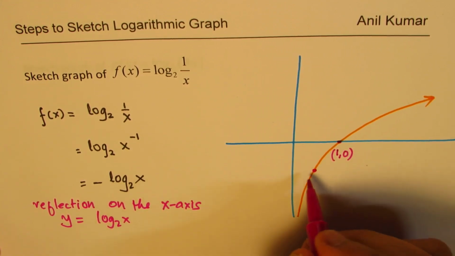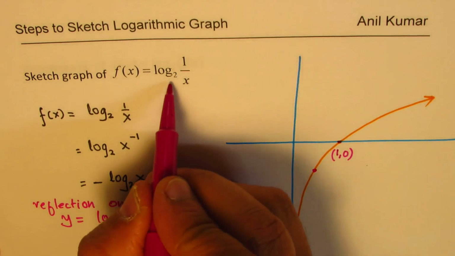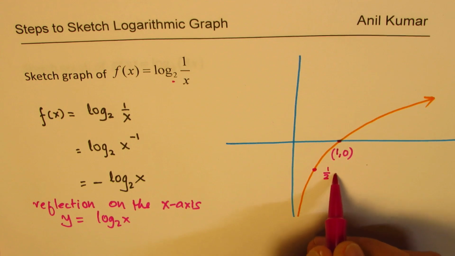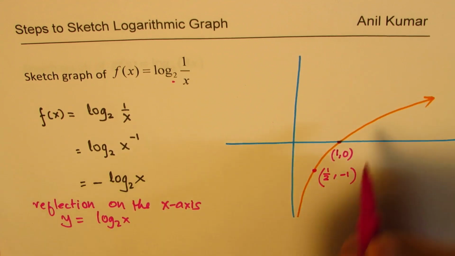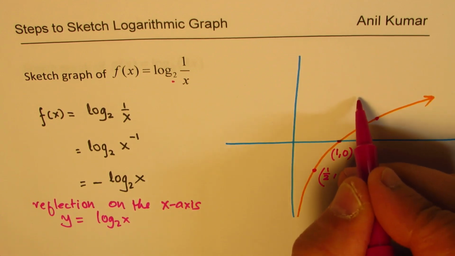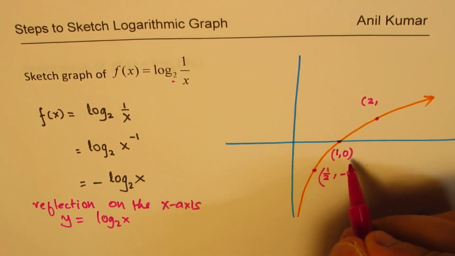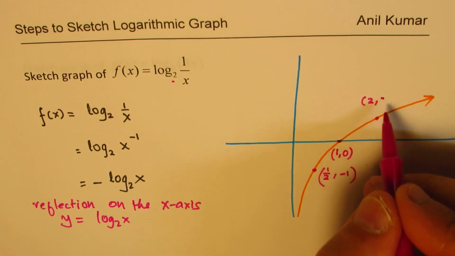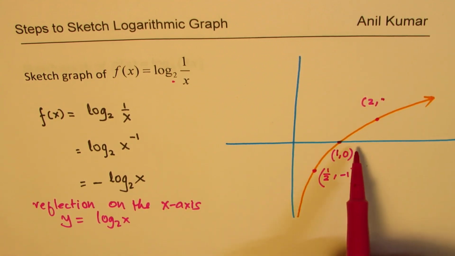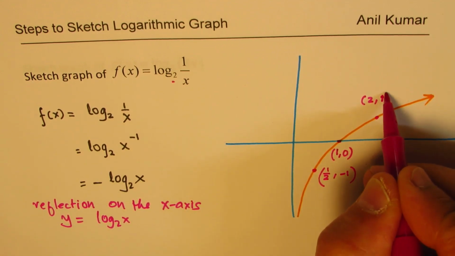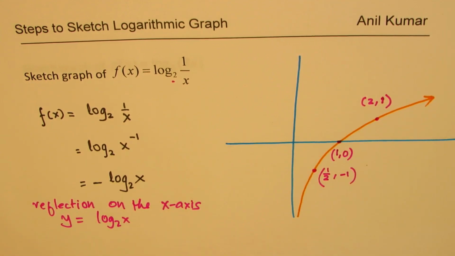Here we have a point which, for log to the base 2, is (half, minus 1), correct? And here we have a point which is for 2, the value is 1, right? So whenever the base is the same as the x value, then what you get is 1.